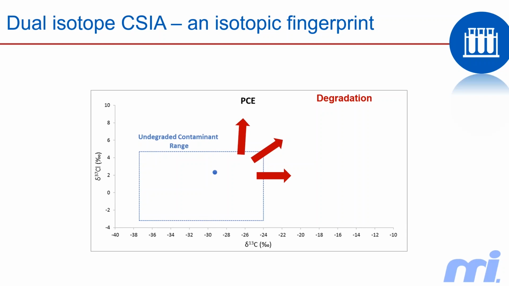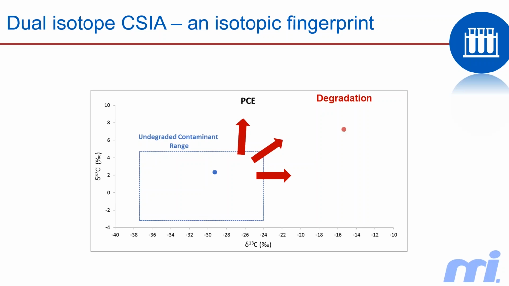This is useful information for vapor intrusion, because if we're looking at an internal source, a pure source within an adhesive or paint rather than flowing underneath the building, then we would expect that sample to show up within that undegraded contaminant range. This is useful when we're comparing that to a subsurface source.